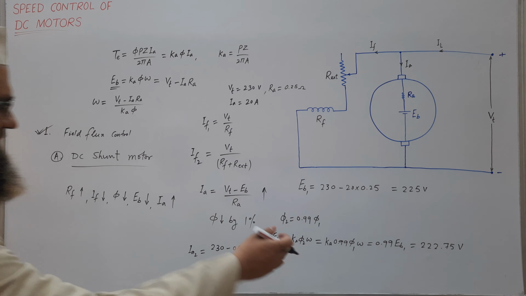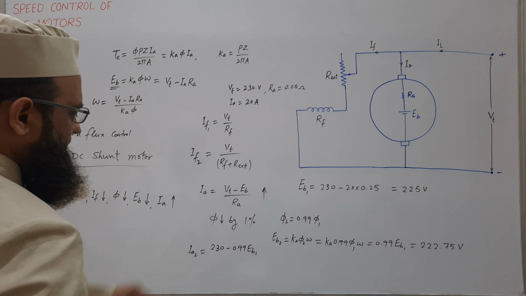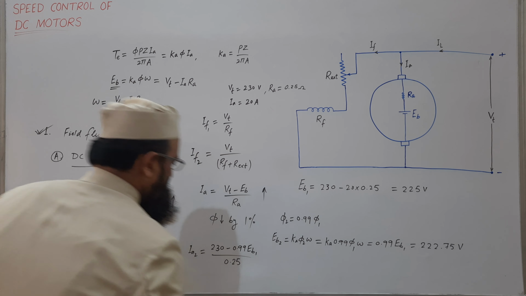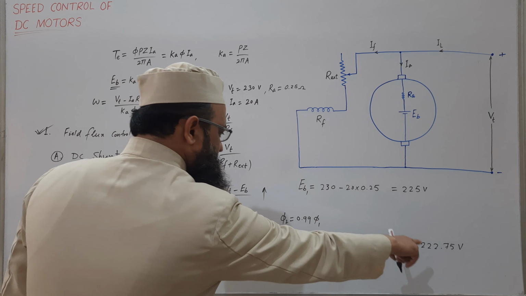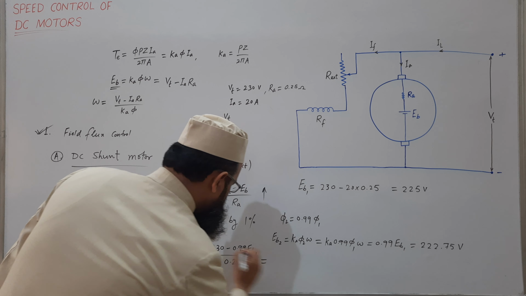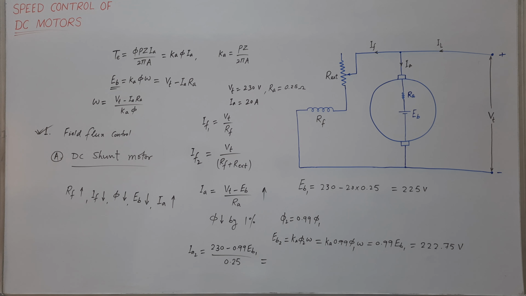Okay, fine, just check it. So whatever we are getting, divide by 0.25. So substitute this value of Eb2 here and just check Ia2, I have calculated. So this Ia2 is coming out to be 29 ampere.